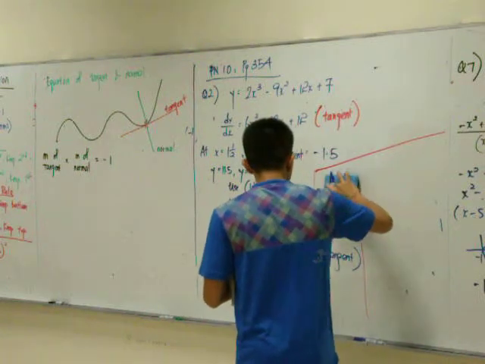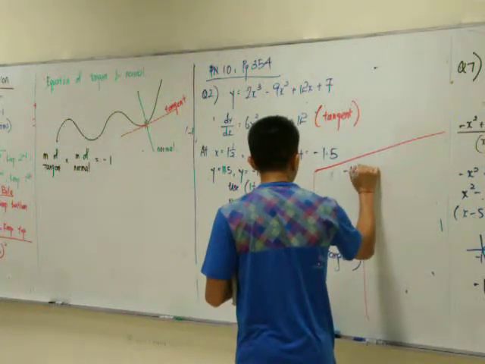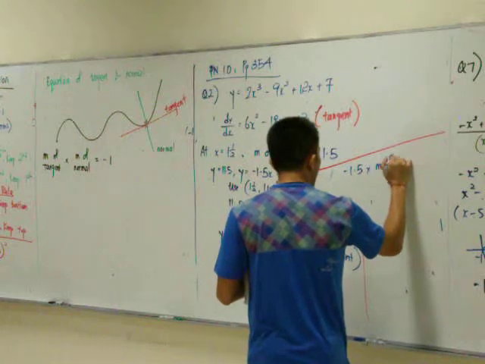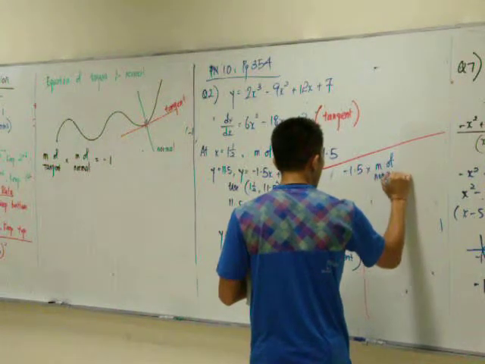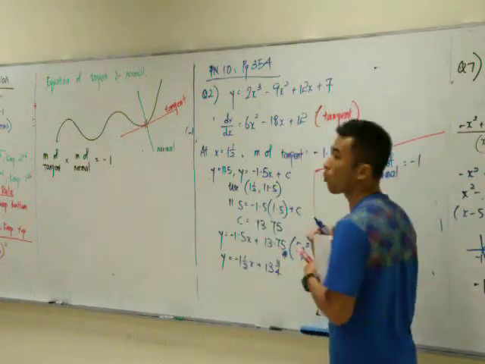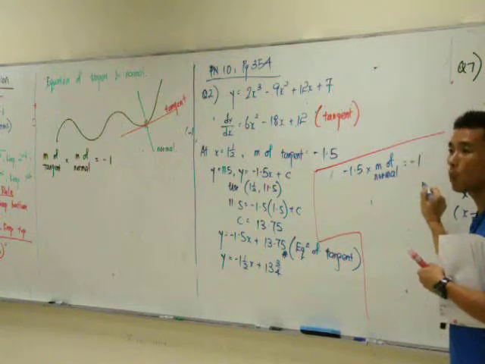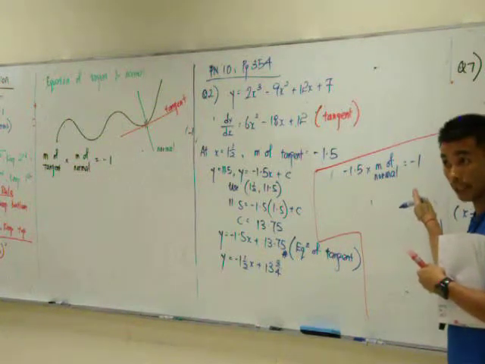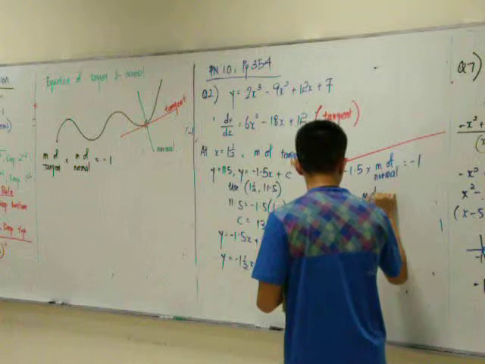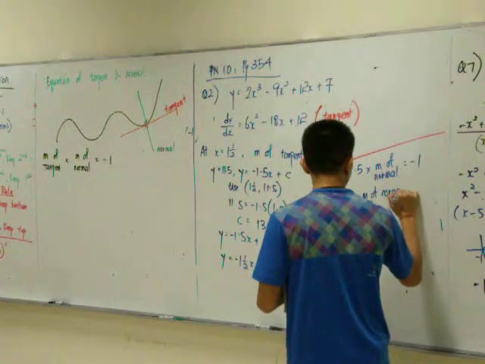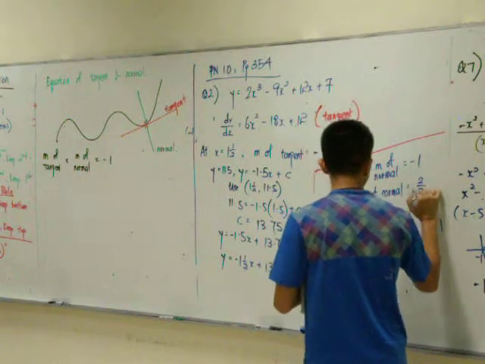Okay, good. So the gradient of the tangent, negative 1.5, times gradient of normal will give us negative 1. Am I right? So what do we do? Divide everything throughout by negative 1.5. I think you should get 2/3.